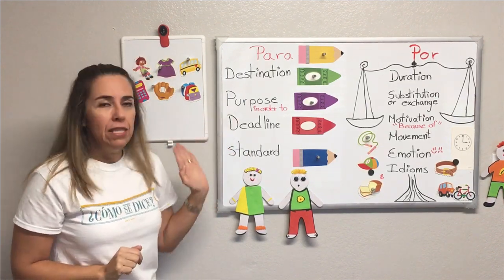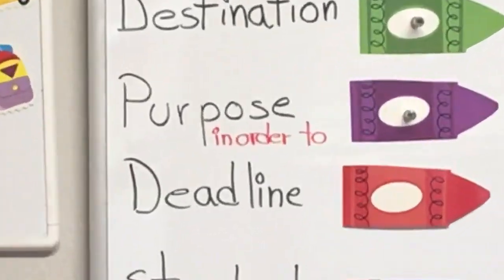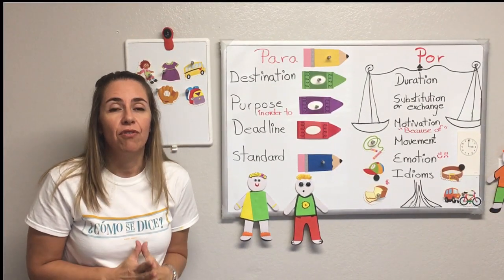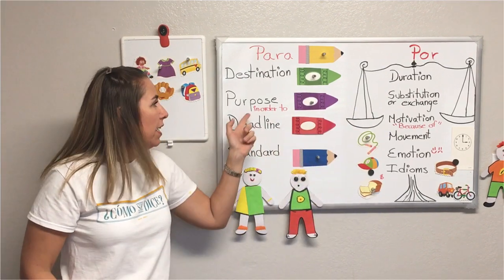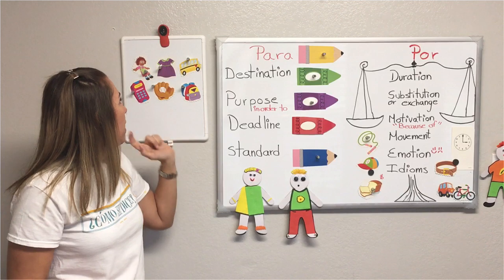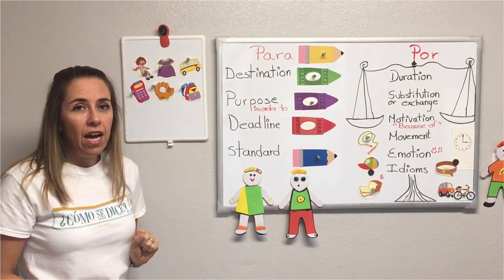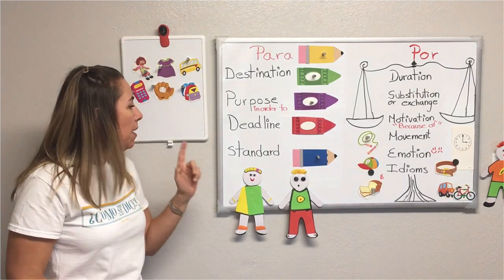Okay, let's see purpose. And if you see in red, I have in order to. That is a very, very important phrase to make the difference with por. In order to. I'm gonna give you an example. Maria studies to become an accountant.